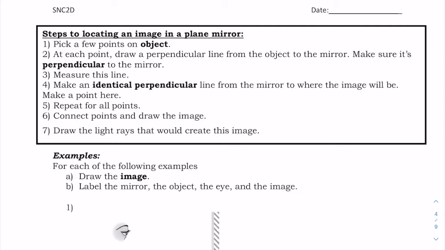So please actually make sure you have a ruler handy for this unit. And then you'll make an identical perpendicular line from the mirror to where the image will be, make a point there, repeat this process, connect them, draw the image, and then finally you can draw the light rays that would create the resulting image. This will be demonstrated in the example below.